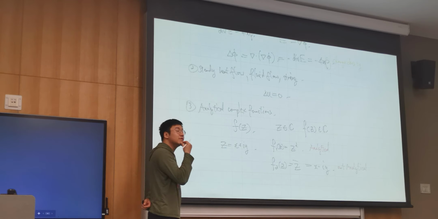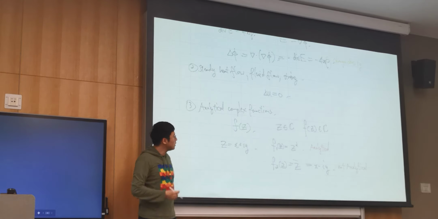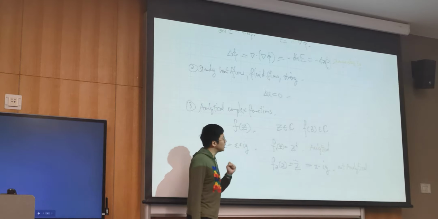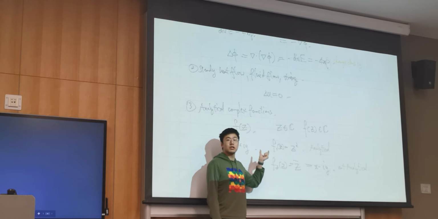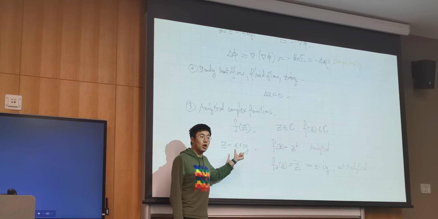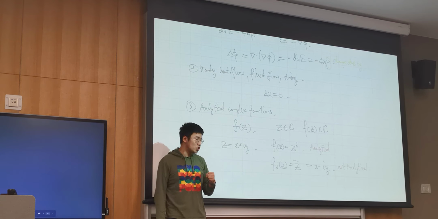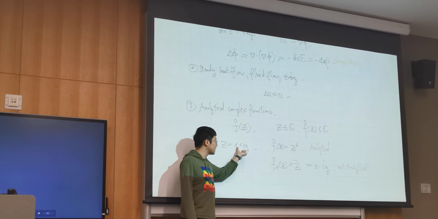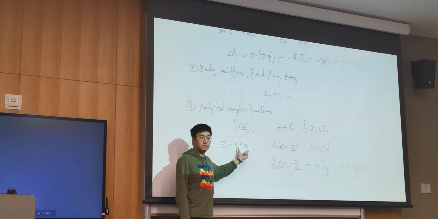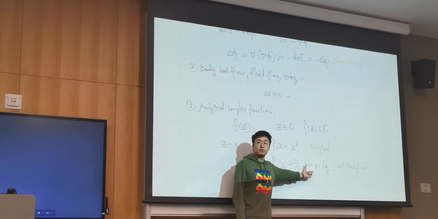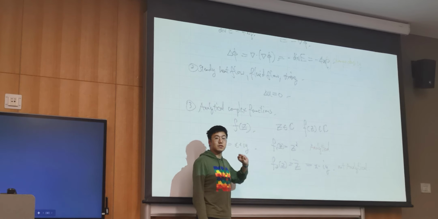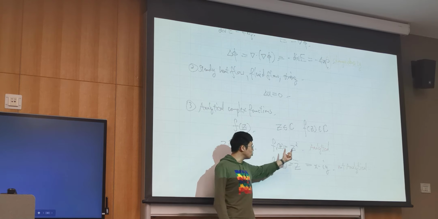However, a very intuitive understanding is that whether a complex function is analytical depends on how z enters the function. Should I tear it apart into x plus iy to perform my computation or not? If I need to deal with the real part and the imaginary part separately, like the complex conjugate here, then it's not analytical. If z can be treated as a whole thing, then it's usually analytical.